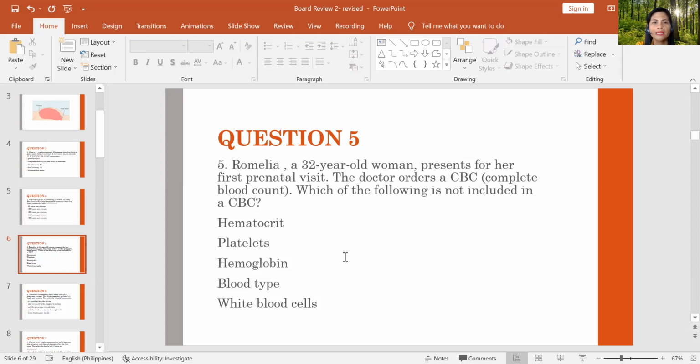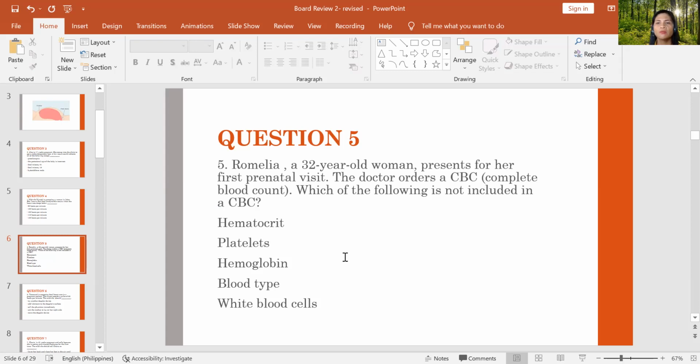So complete blood counts typically contain hemoglobin and hematocrit, platelet counts, white blood cell counts, and red blood cell counts, among many other measures. So they are among the most frequently ordered laboratory tests for providers.